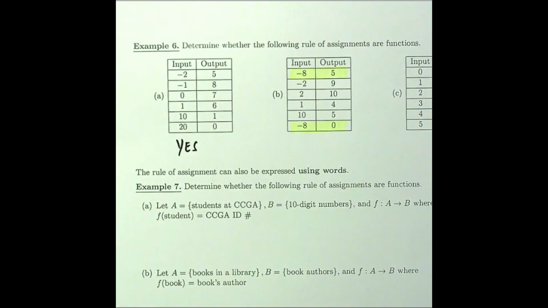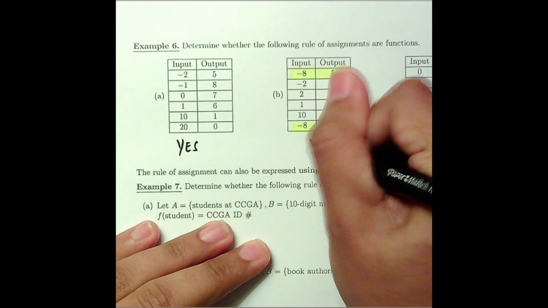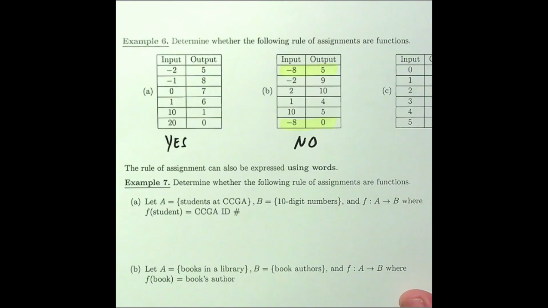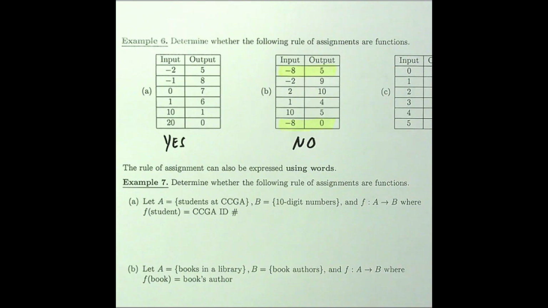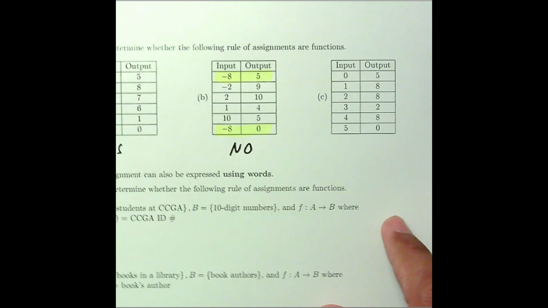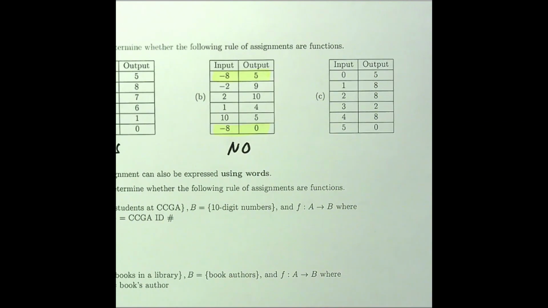That doesn't work. That's not a function. An input cannot have two different outputs. This is a no. That's not a function. How about the last one? Is that a function? Yes or no?